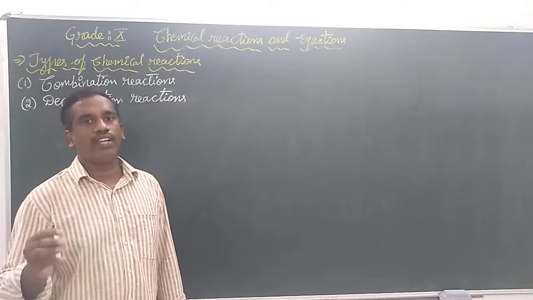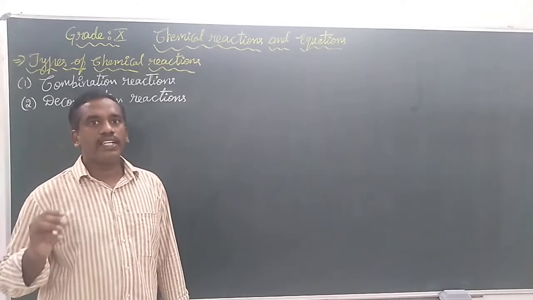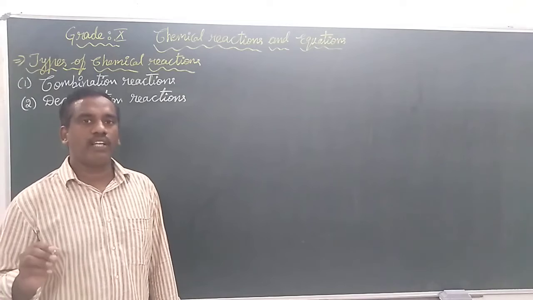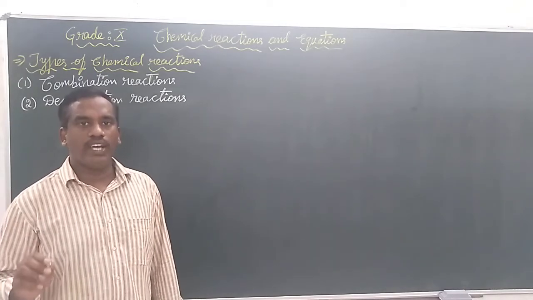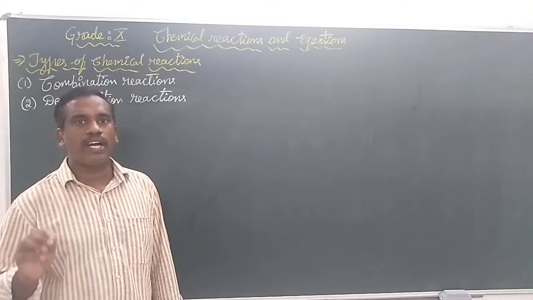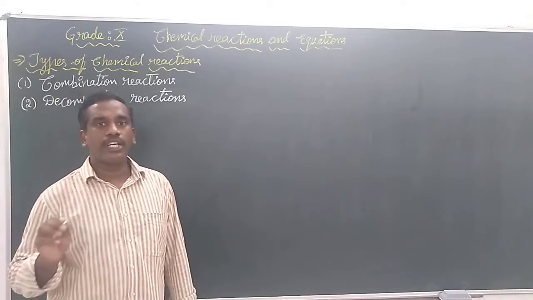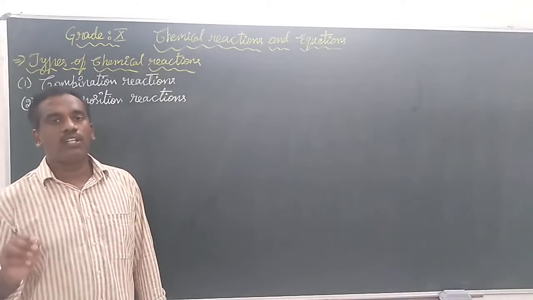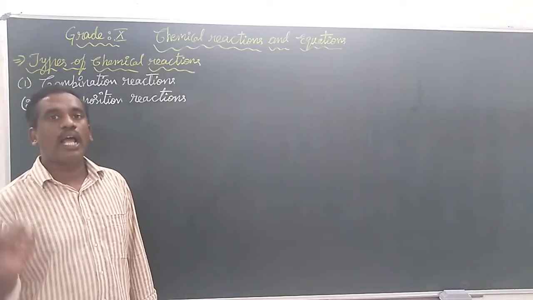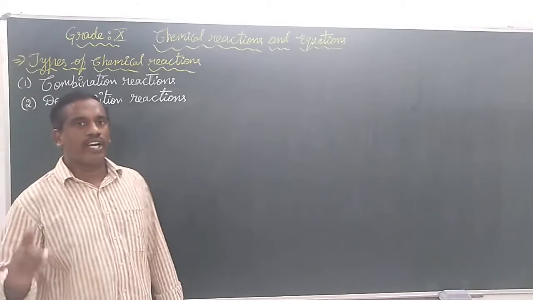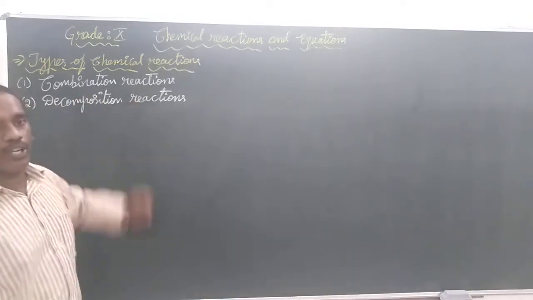And there we had discussed what is meant by a combination reaction. There we had learned that when two or more reactants combine together during a chemical reaction to form a single product, those reactions were called chemical combination reactions. That's what we have completed in our previous video.